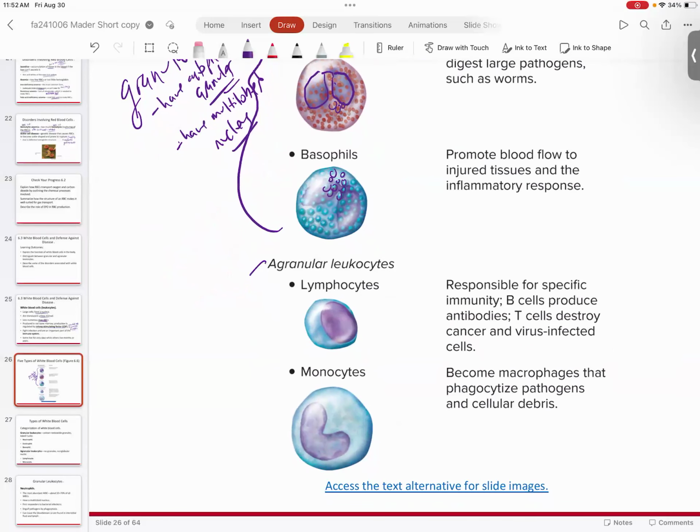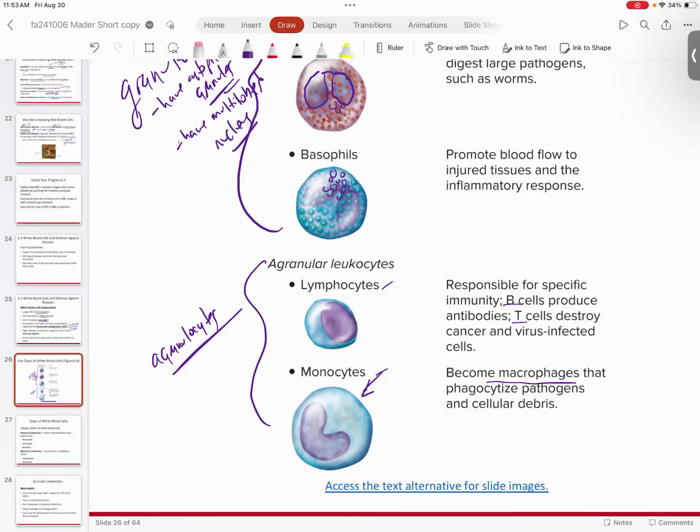Then you have what's called the agranulocytes. So the agranulocytes are basically the lymphocytes and the monocytes. The lymphocytes basically come in two forms: B and T cells, which typically fight cancer, viruses, things like that. They make antibodies. And the monocytes basically will ultimately become macrophages, and they're phagocytic.